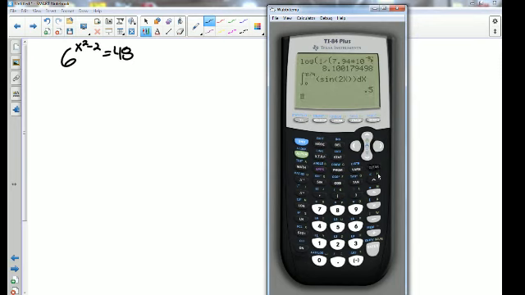That's a 2. We've solved these on a calculator before. Equations. How would I solve that equation?